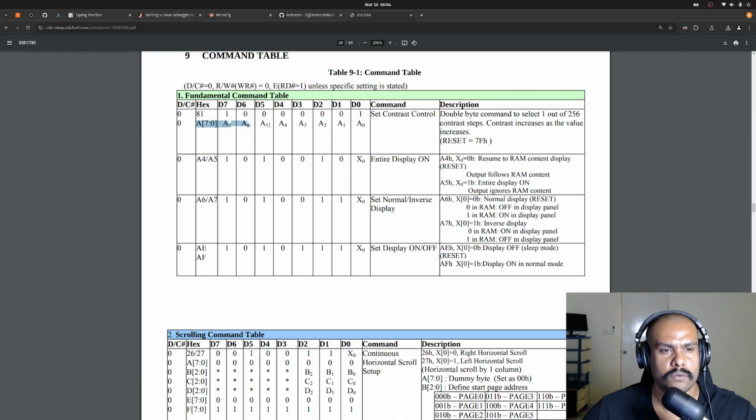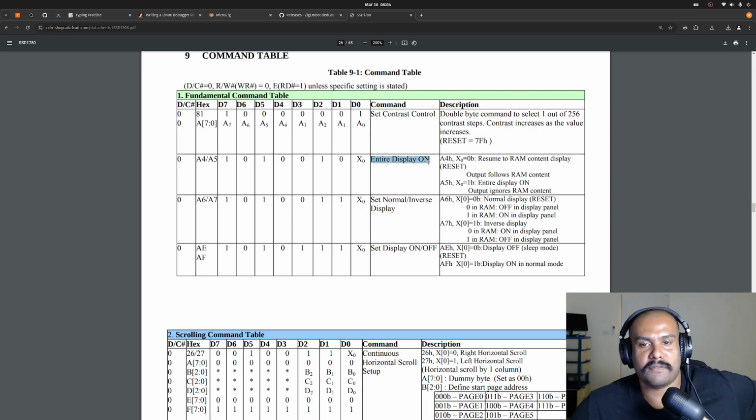Not sure what this is. The A. Oh, entire display on, something I haven't managed so far.